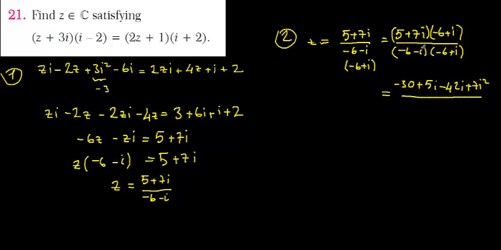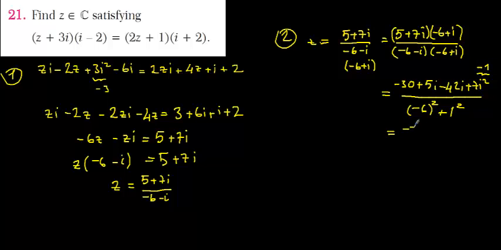Here again, I'm going to repeat the same thing. Multiplication of two conjugate numbers is equal to the sum of the squares of the coefficients. So minus 6 squared plus, here the coefficient is 1, so 1 squared. The result is going to be here minus 30, and this expression, 7i squared, should be equal to minus 7.